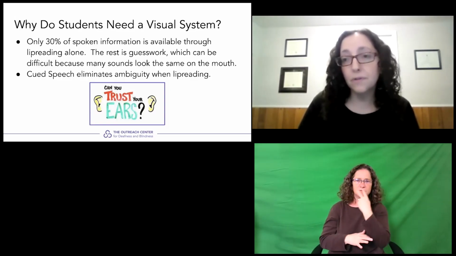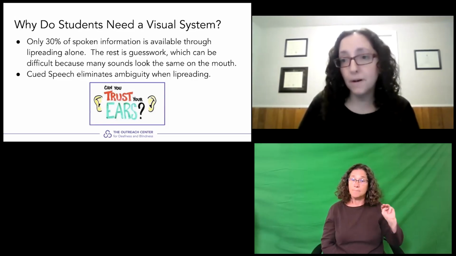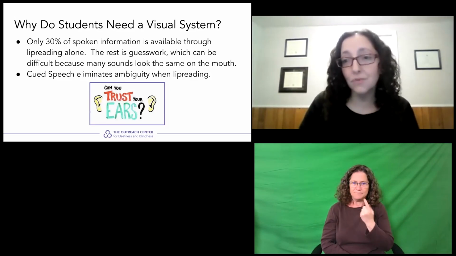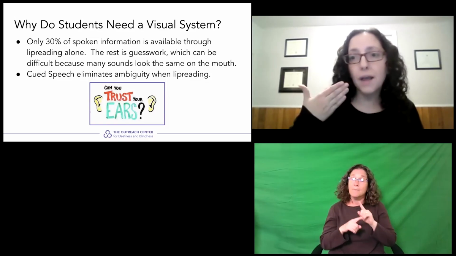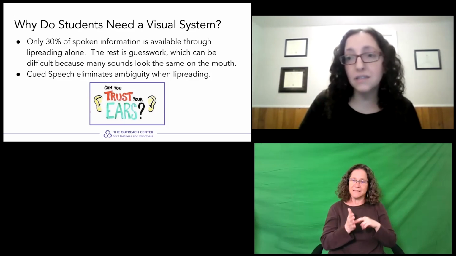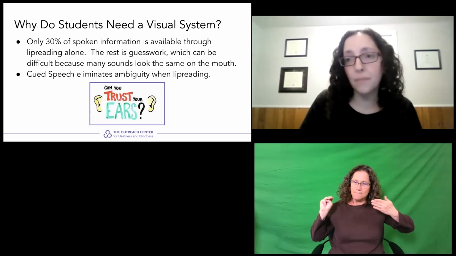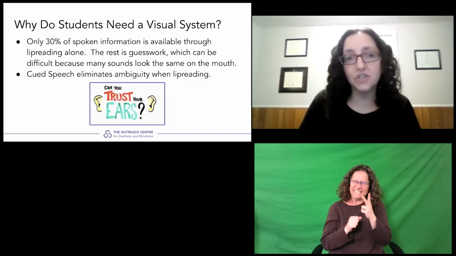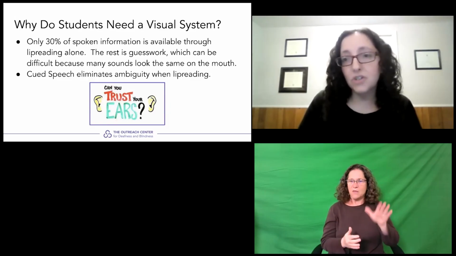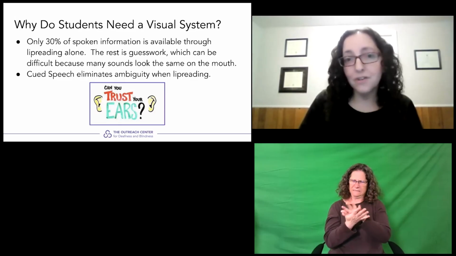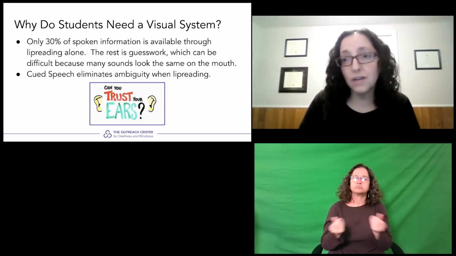So for example, the phonemes m, b, and p. There would be no way to distinguish those sounds. But when you add the cueing, m, b, p, a student can distinguish which sound or phoneme you meant, whatever their hearing ability or amplification is. So cued speech eliminates ambiguity when lip reading. And there's an image here that says, can you trust your ears?